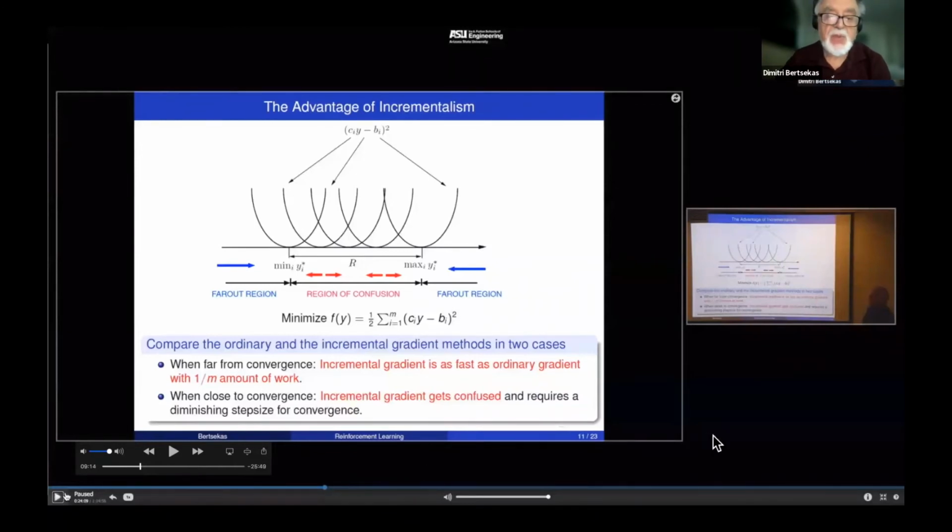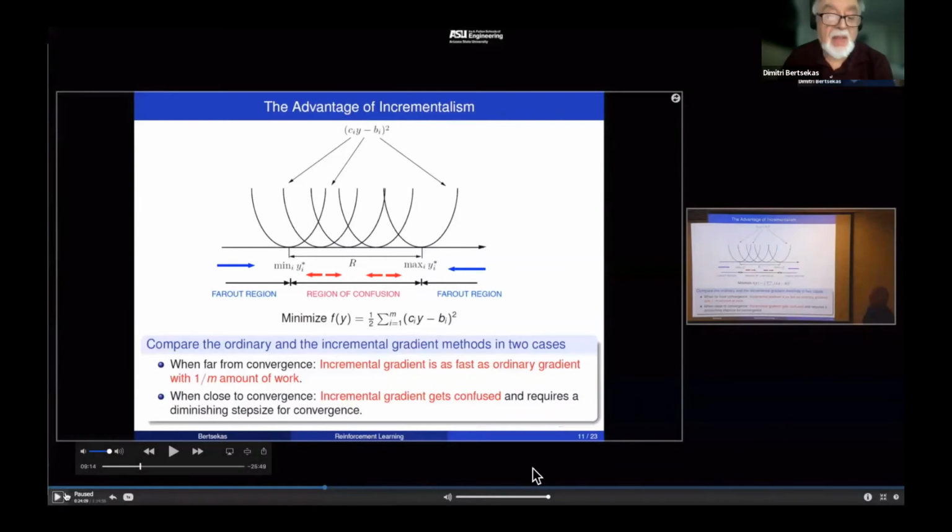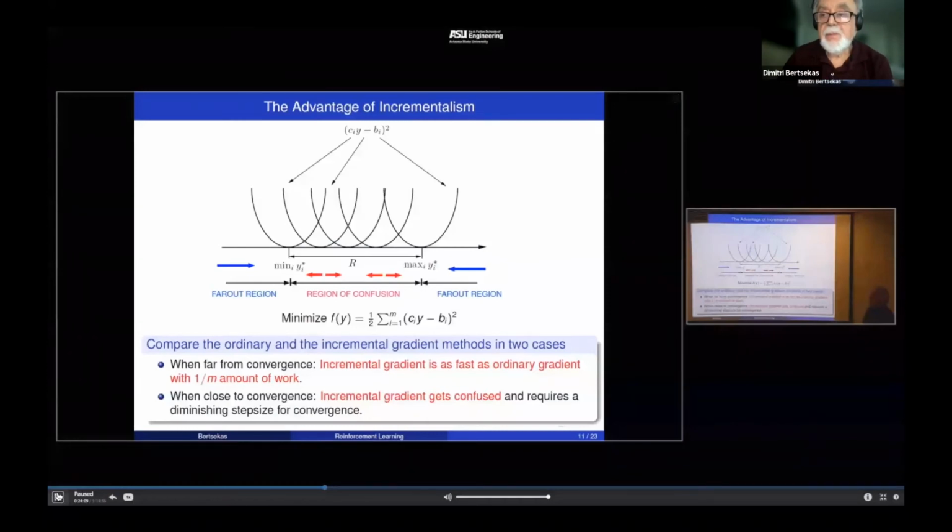Do you have some questions about this picture, which I think is very insightful? If you study it, you'll get a pretty good idea of what's going on with these incremental gradient methods. Okay, so we'll keep on going.